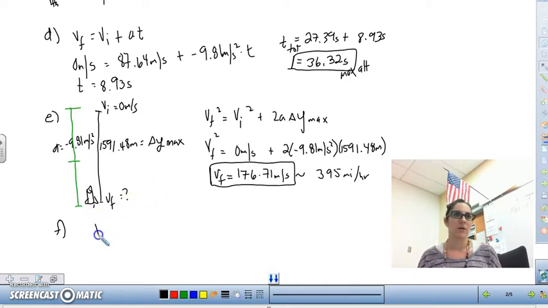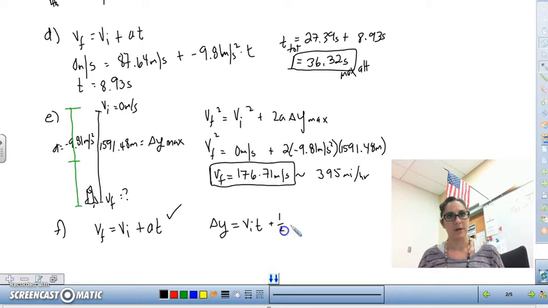Although the other one pops into my head and we could absolutely use that, just to be different, I'm going to use a different method. Let's use this one. Delta y is equal to v_i t plus 1/2 a t squared.